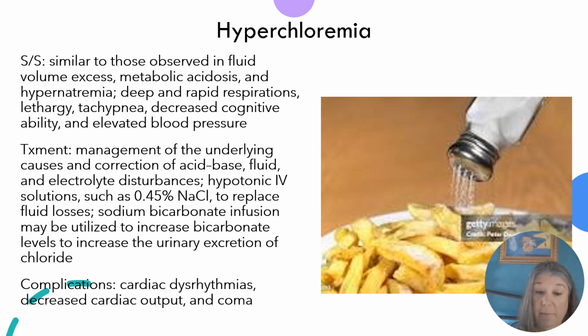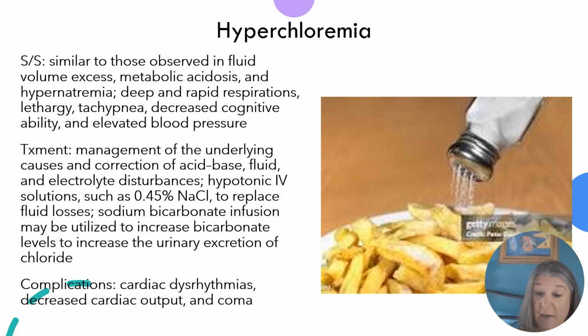Okay, so treatment, treat the underlying cause. If this is acid base related, we're going to fix the acid base disorder. We're going to maybe get rid of some fluids, like going to use some Lasix. We're going to use 1/2 NS if we need a fluid.